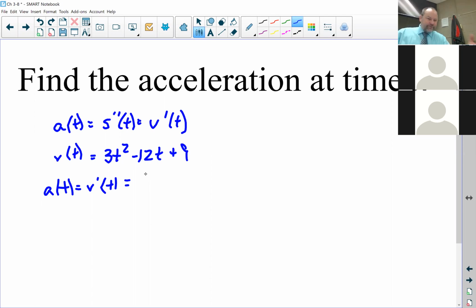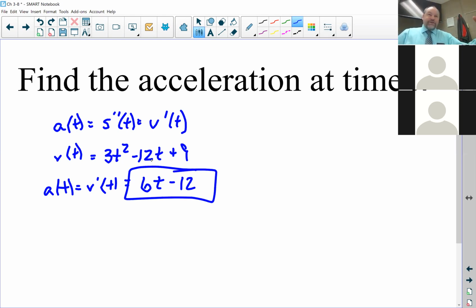All right, so we take the derivative of 3t squared. 6t. And the derivative of minus 12t, minus 12. Here we go, perfect. That's our acceleration at any time t. You might be asked, what's the acceleration when t equals 3? Pretty easy now that we know at any time, we can just plug values in to calculate then acceleration.